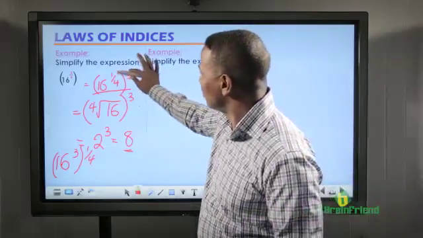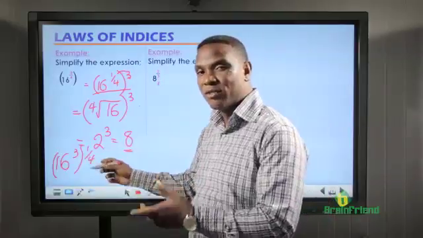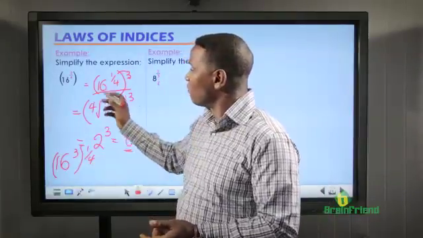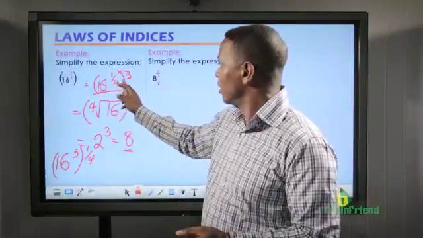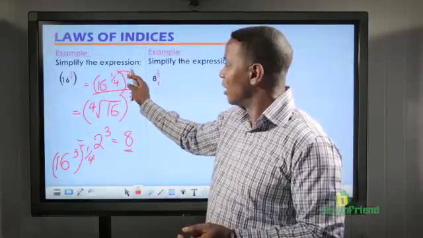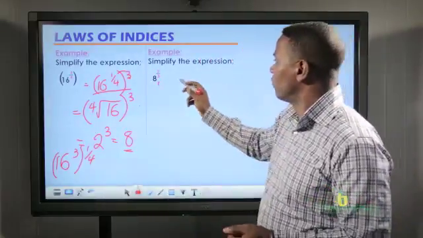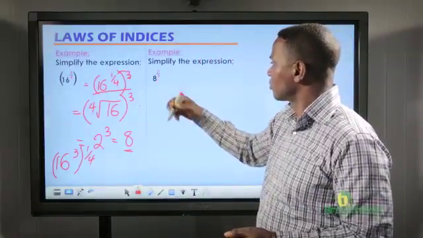So you can write it this way or this way. It's commutative. But for simpler emphasis, it is better that you solve the fractional part first and then you raise it to a power. I hope you understand. Let's go forward and see another example.